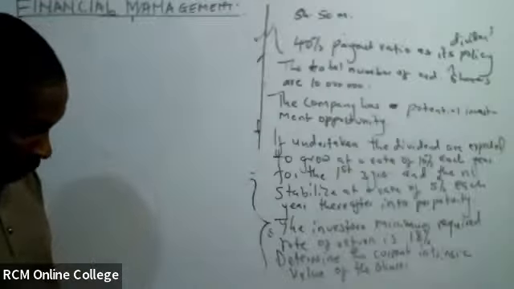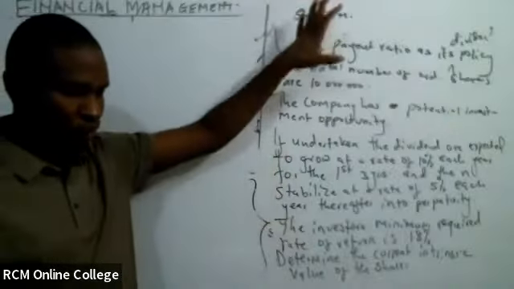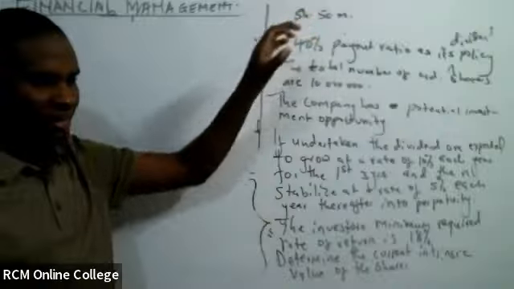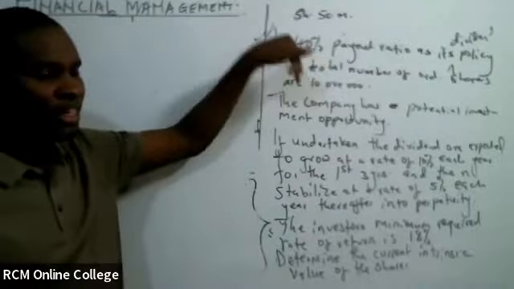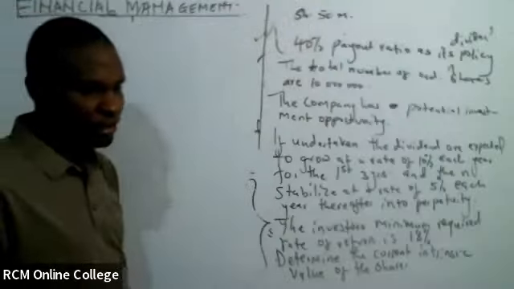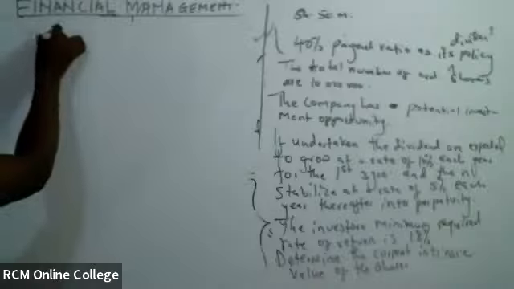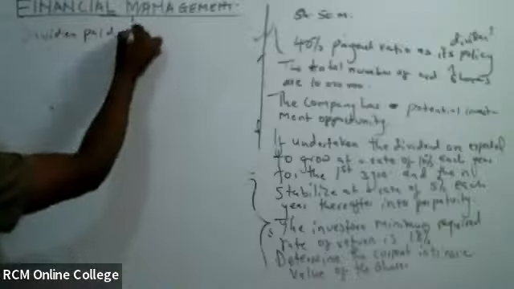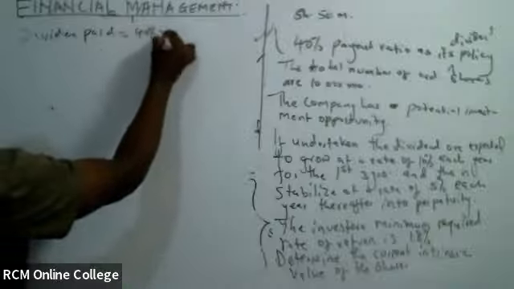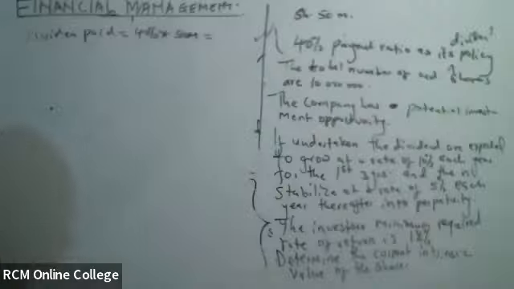From our question we have the profit earned, and the dividend payout ratio is 40%. What is 40% of 50 million? Dividend paid is equal to 40% of 50 million. How much? 20, right?